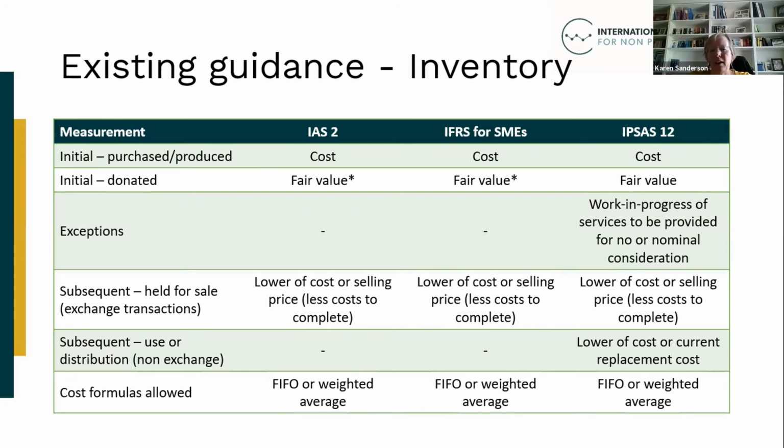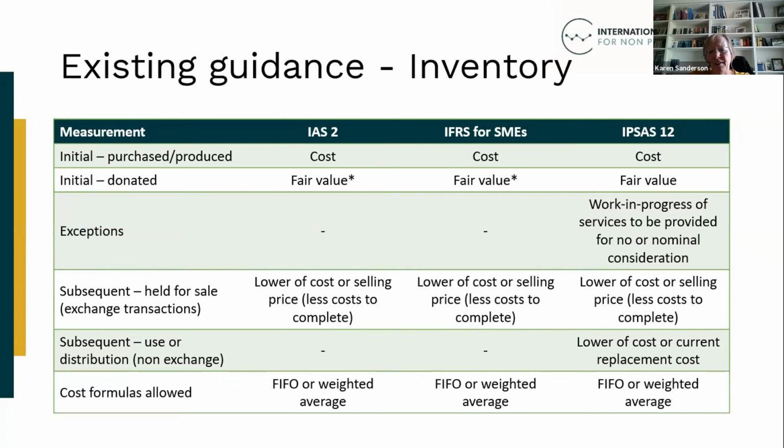All of the frameworks provide guidance on the elements of the cost of inventory and on allocating overheads like fixed overheads and variable overheads, and they permit the use of techniques such as standard costing and other methods that are permitted to approximate cost. Where inventory is not valued individually, the frameworks require either the use of first in, first out, FIFO, or weighted average cost formulas. The last in, first out formula is not permitted under any of these international frameworks.